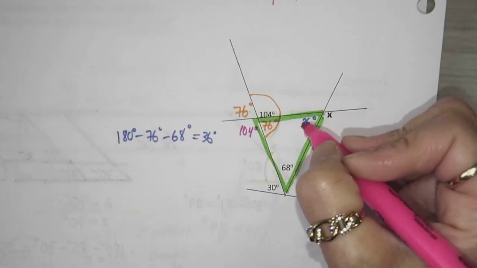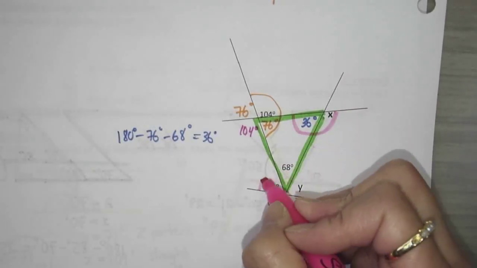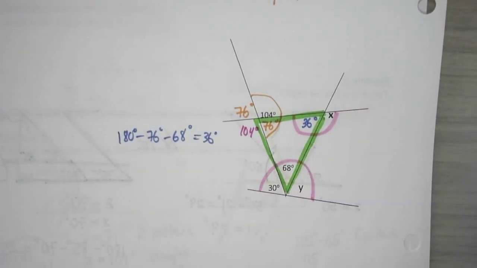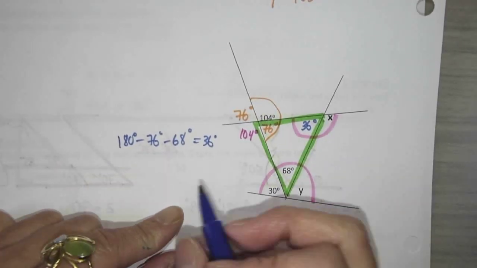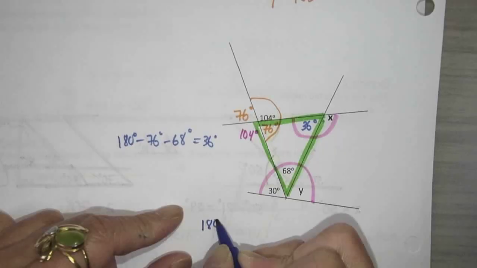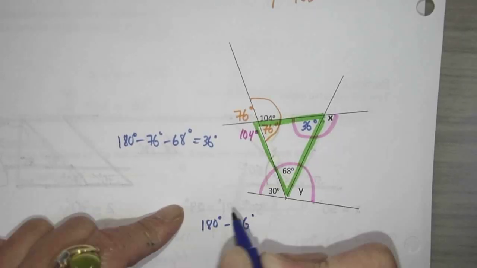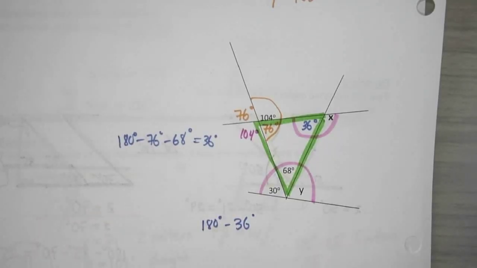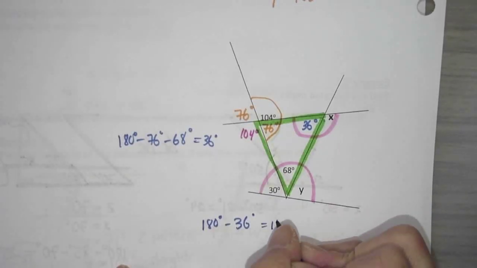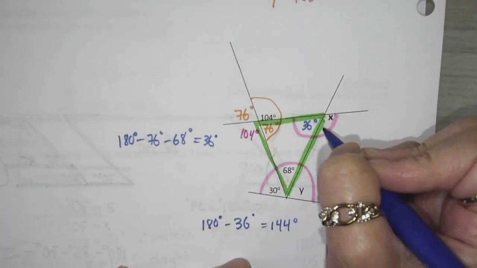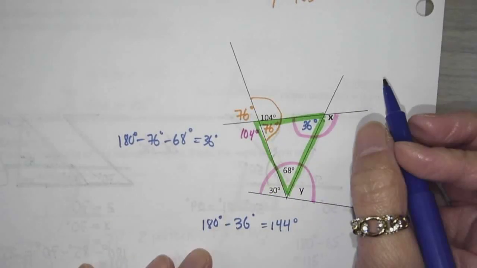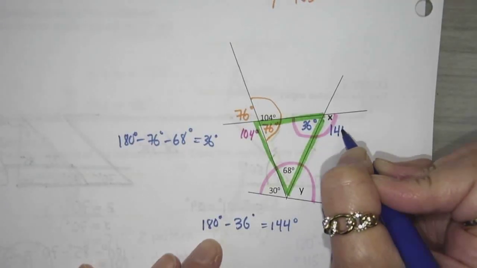Then you do this. Oh, and also here. You could have done that here. It's a straight angle. So a straight angle adds to 180. So 180 minus 36 is 144. So this is going to be 144.